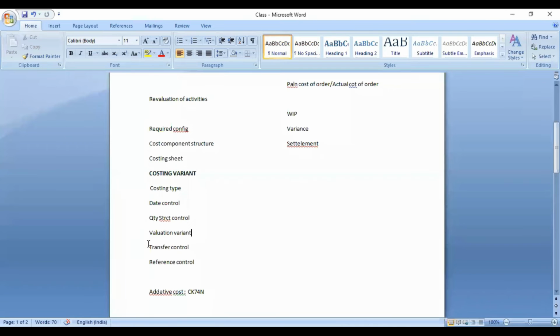Okay, no problem. With these controls, the system will control where to update, when to update, and what to update in the material price, based on this costing variant configuration.